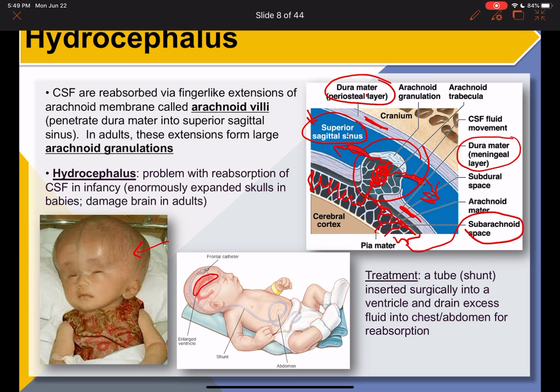They're going to insert that little shunt or tube into the lateral ventricle, and it will allow that excess fluid to drain into the chest or the abdomen area, usually the abdomen, for reabsorption in those areas instead. So that way, there's some way of getting rid of that fluid and redirecting it from your brain towards other areas of the body where you can reabsorb the same fluid into the venous circulation just as you can anywhere else.